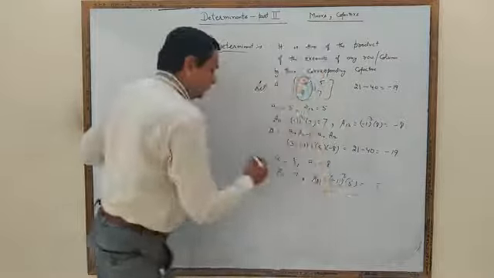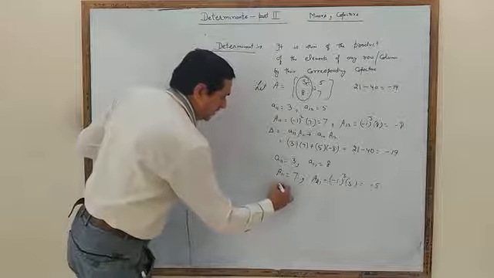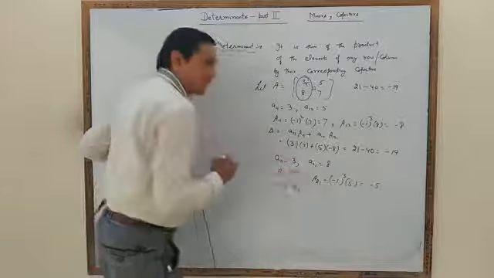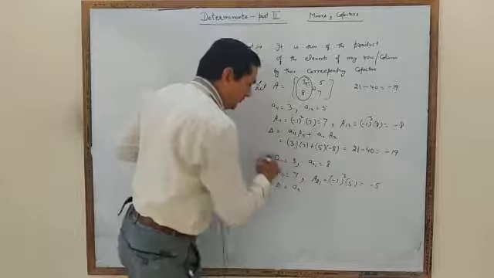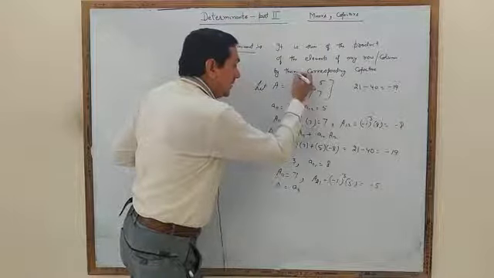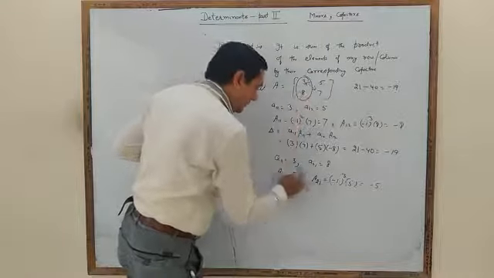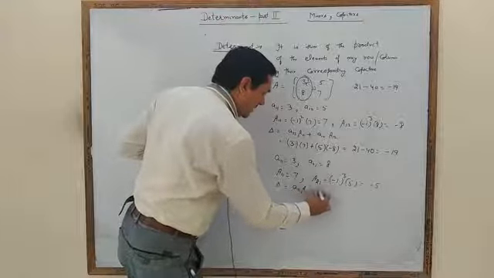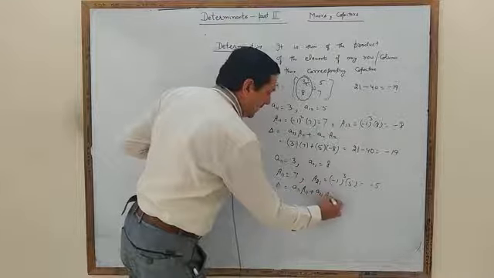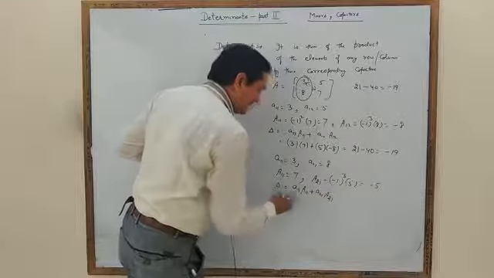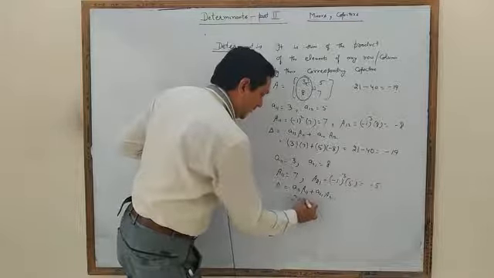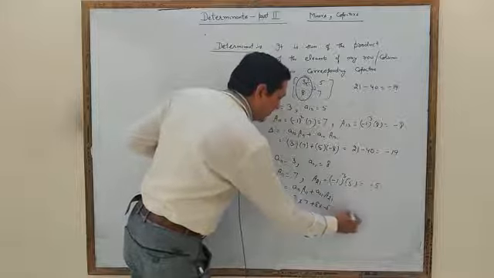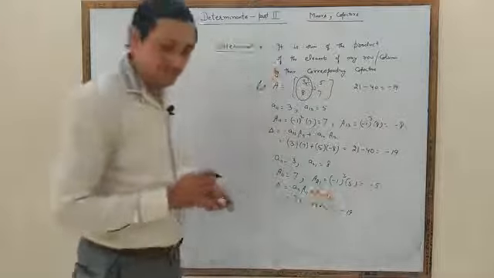So according to the definition we have learned today, it is the sum of the product of the elements of any column: 3, a11, multiplied by capital A11 plus a21 multiplied by capital A21. 3 into 7 plus 8 into -5, which is also -19.